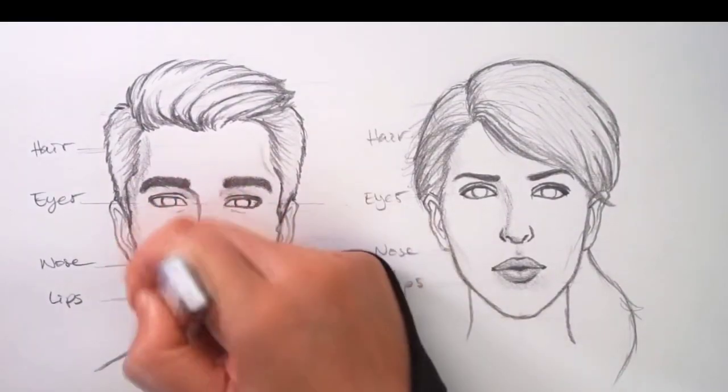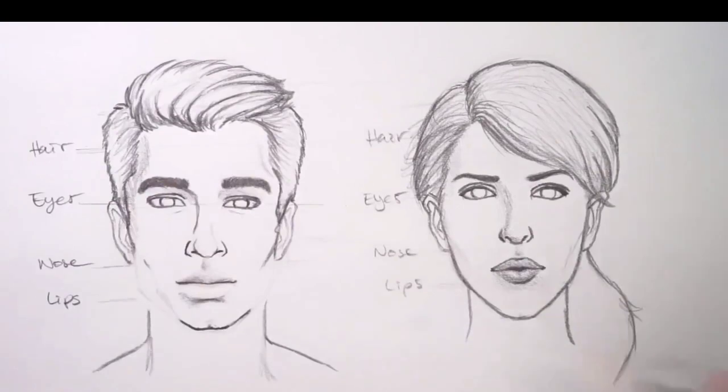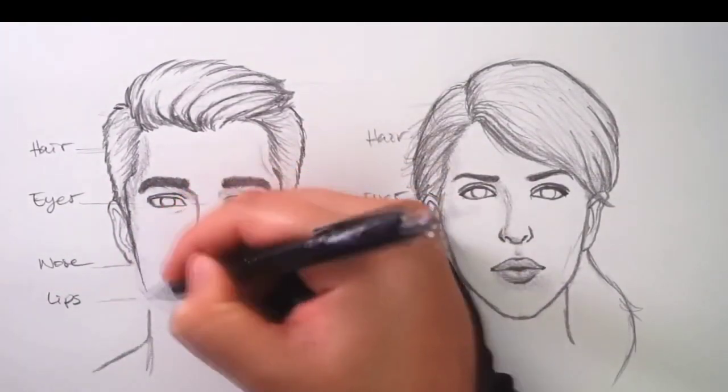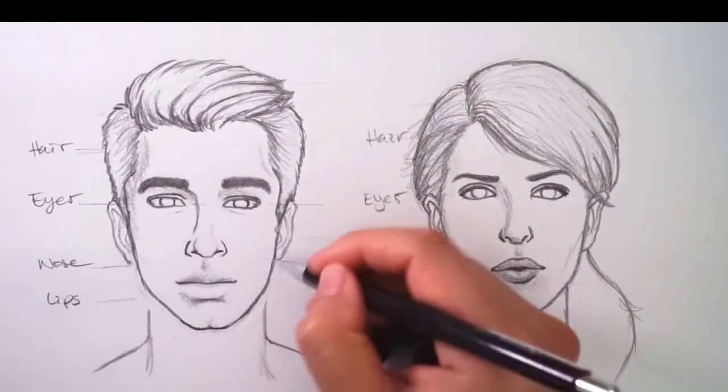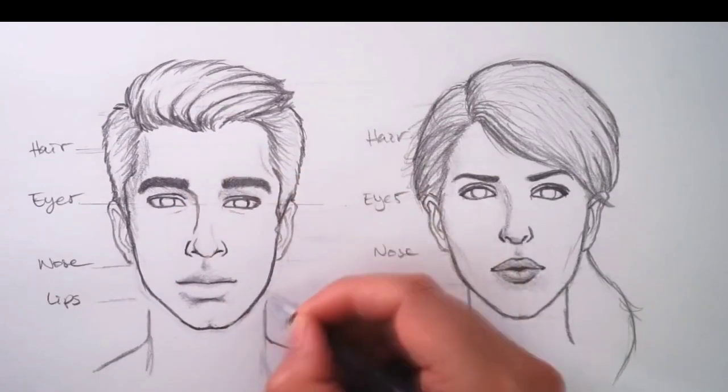I'm gonna make him look younger by softening his jawline and making it a little narrower so his face looks less developed. I barely did anything and he looks a lot younger now.